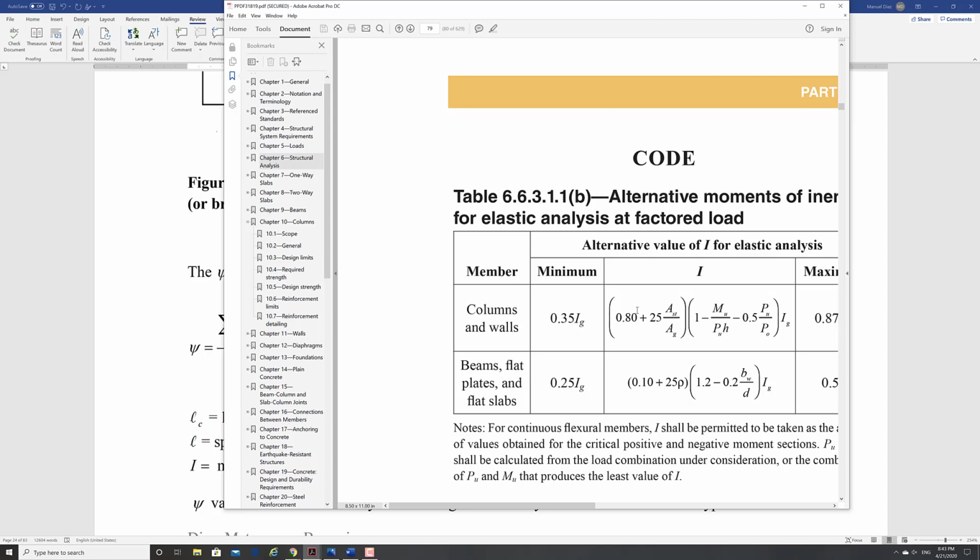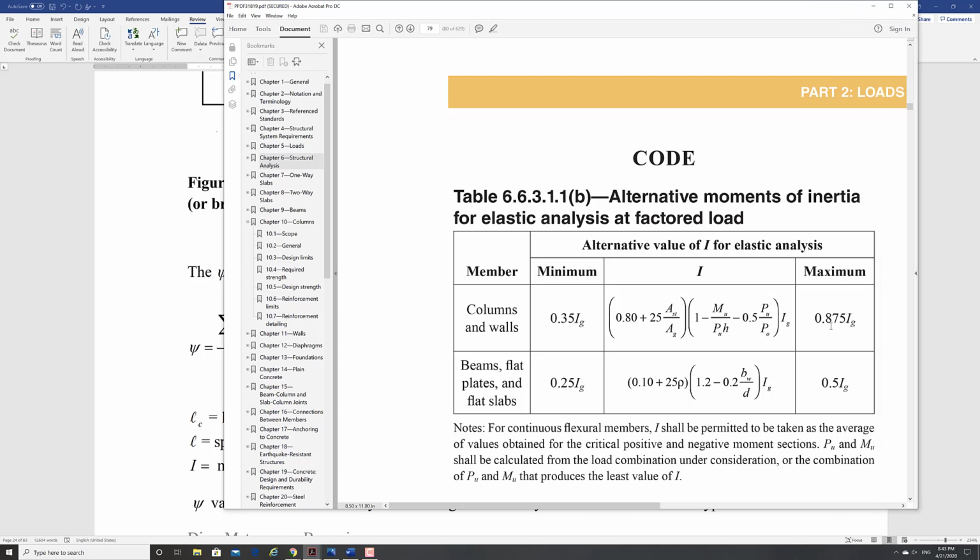This also gives you moments of inertia for columns, minimum value 0.35, and then your maximum value goes to 0.875 that you can use, and then you have a variable moment of inertia depending on where you are between these 2 points.